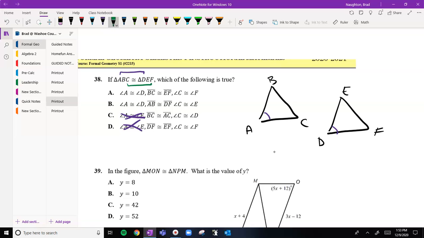Then C goes to F, which is this one does not have C going to F, because notice what comes last, the order matters. So C to F. So we already know it's A. And then BC, the last two letters, has to go to the last two letters here. So BC right here and EF here.